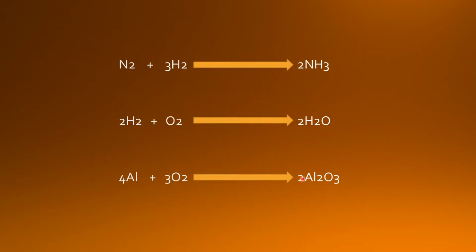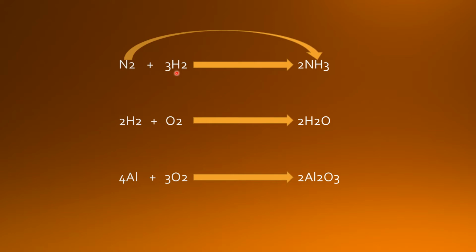Here a few examples are given. In the first, nitrogen combines with hydrogen and the product is ammonia. In the second example, hydrogen reacts with oxygen and the product is water. And in the third example, aluminium reacts with oxygen and the product is aluminium oxide. Now let us see what happened here. In the first example, nitrogen changes into ammonia. How does this nitrogen change into ammonia?